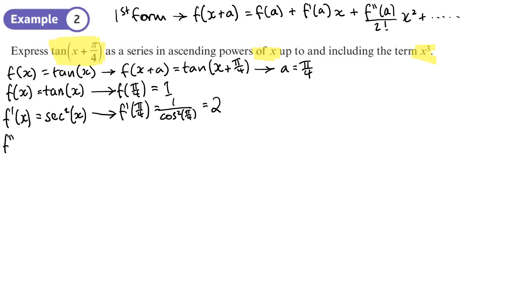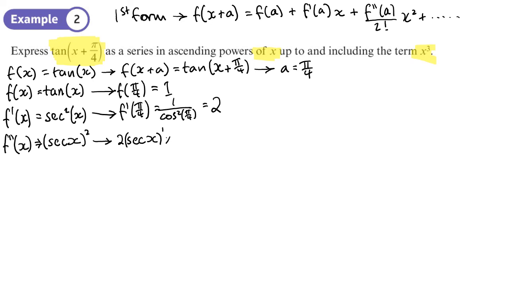Then we differentiate a second time. So we use the chain rule. So the first thing we're going to do is to write sec squared like this. If we use the chain rule to find it, then that will give us 2 sec x, basically to the power 1, if you use the chain rule there.